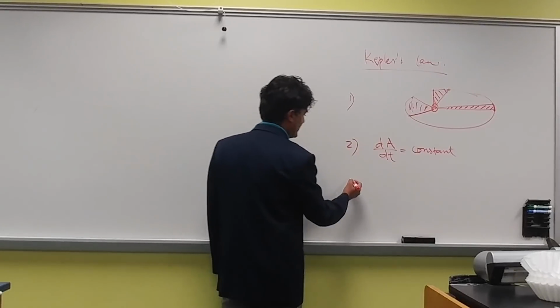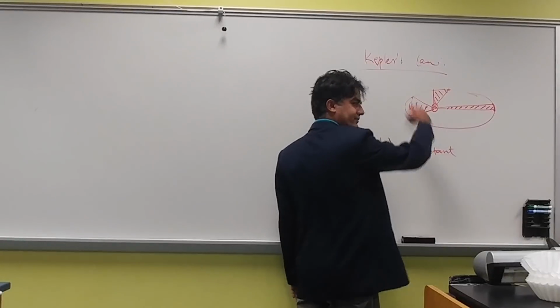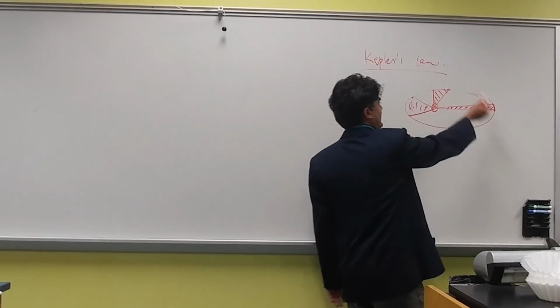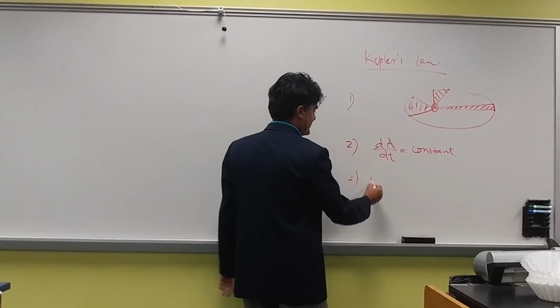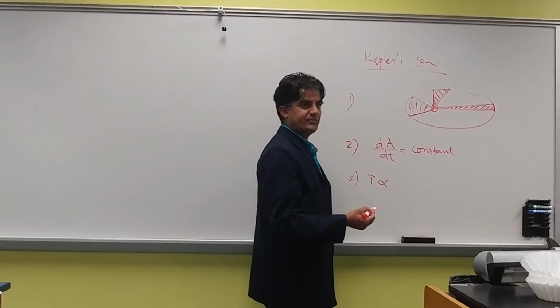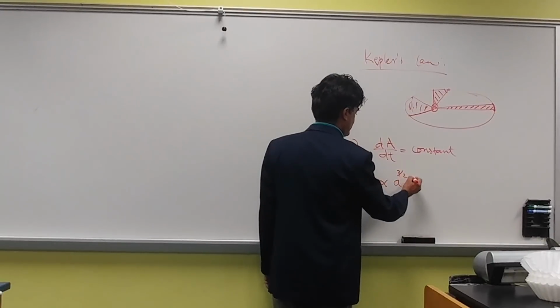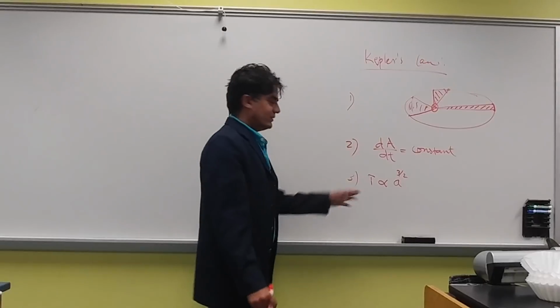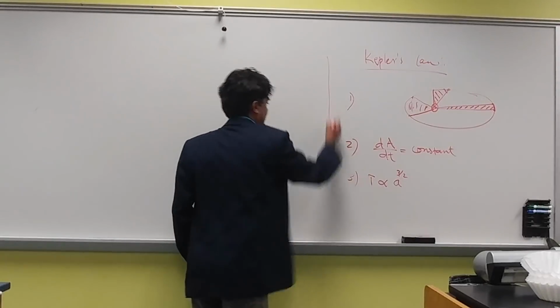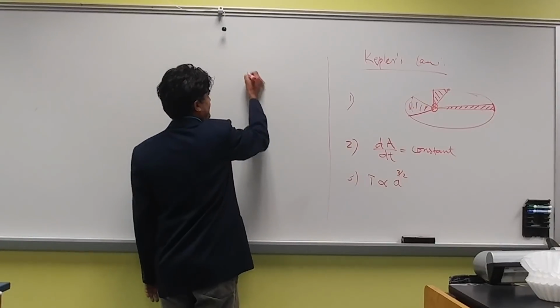And Kepler's third law is that the time period of the planet, meaning when it makes one round, is proportional to 3/2 power of the semi-major axis. Let me go back to the time period of a satellite.